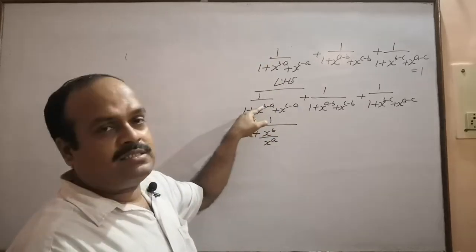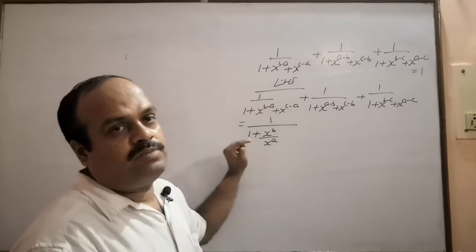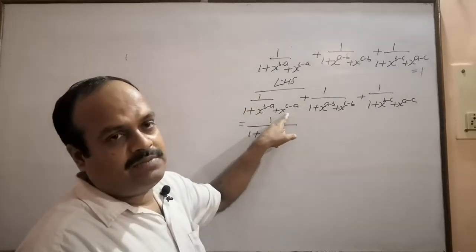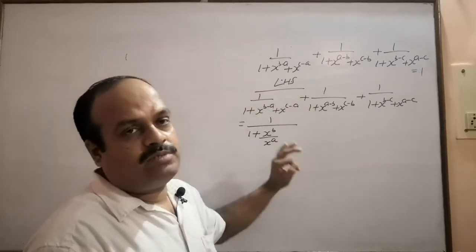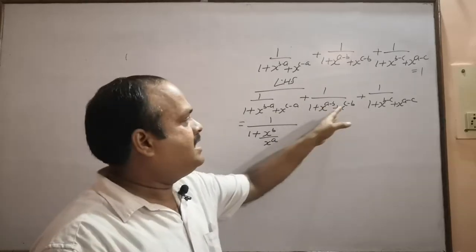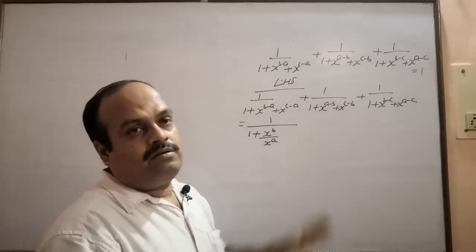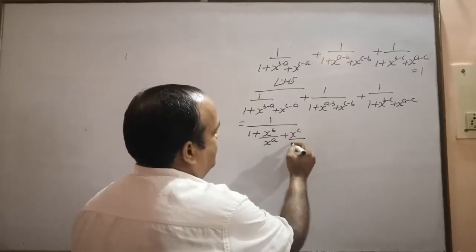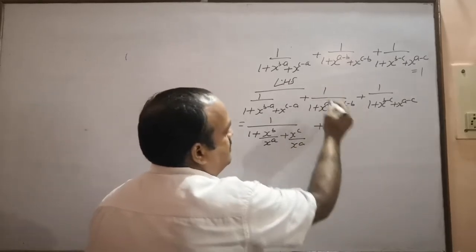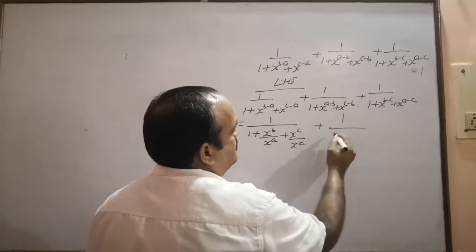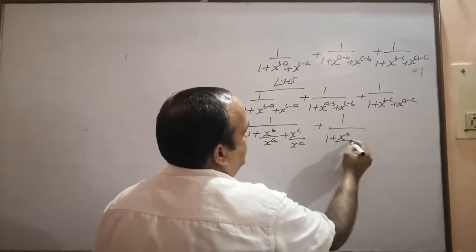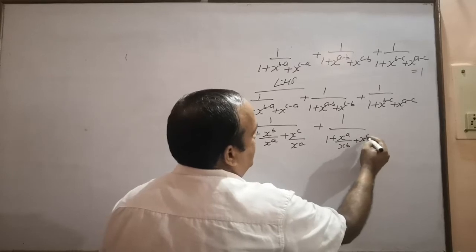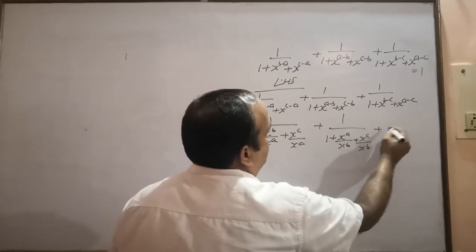You can write this as the division of x to the power b and x to the power a. Similarly, this can be written as the division of x to the power c and x to the power a. Using the same law, we can change all the remaining four: plus x to the power c upon x to the power a; change these to 1 plus x to the power a upon x to the power b, x to the power c upon x to the power b.